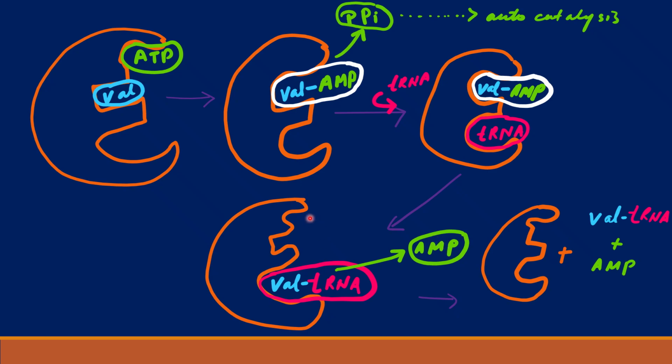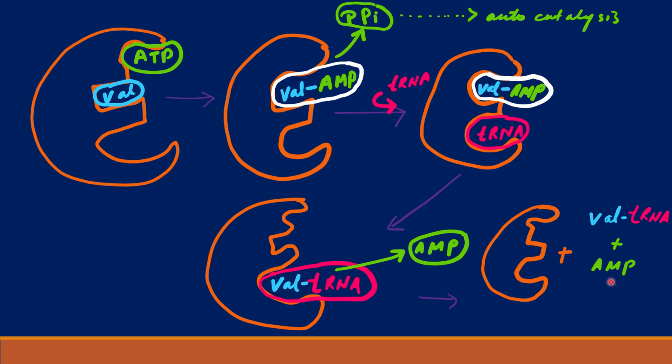Finally, when both steps are over, the enzyme regains its actual structure, releasing both products, valine tRNA and AMP as the byproduct. So this is what is called charging of tRNA.